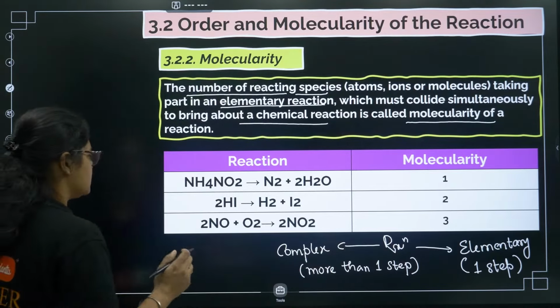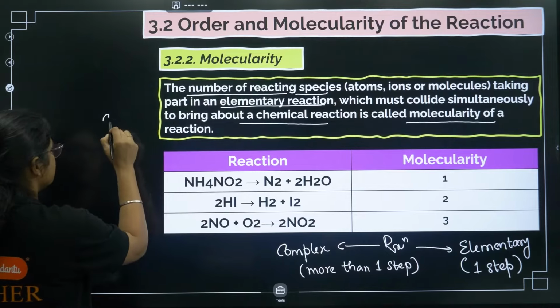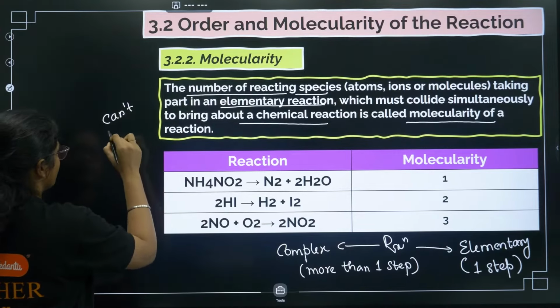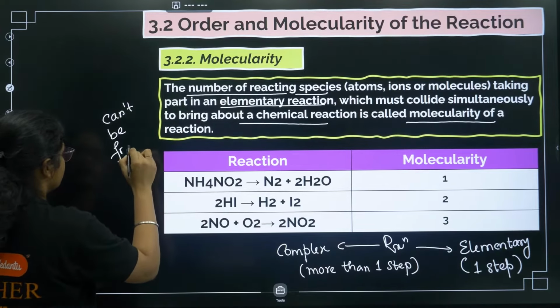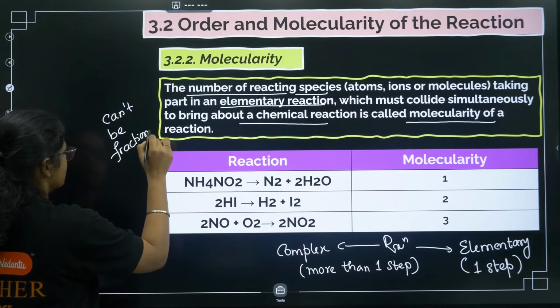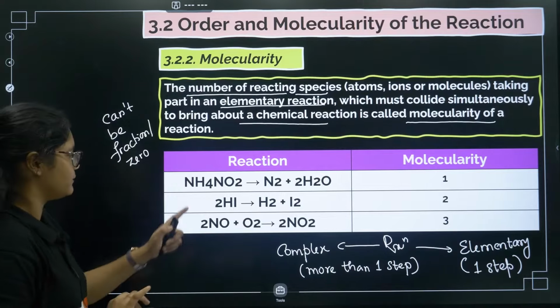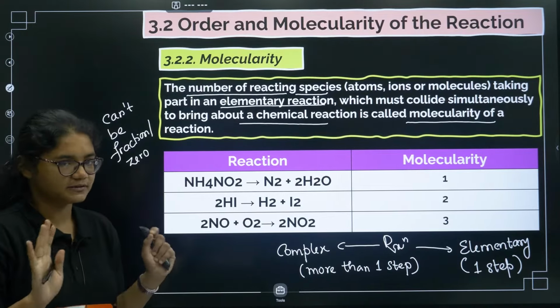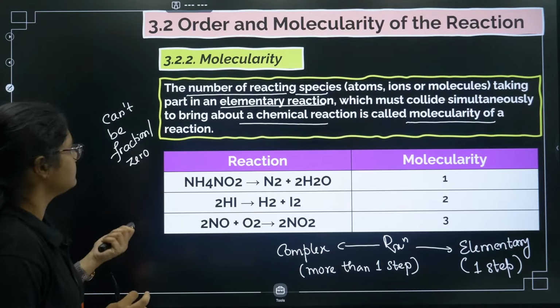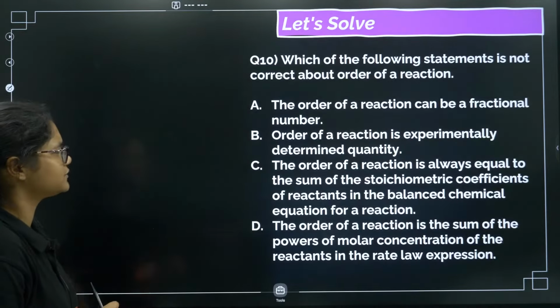You should remember that molecularity cannot be a fraction or 0, but order can be 0 or a fraction. Fine.